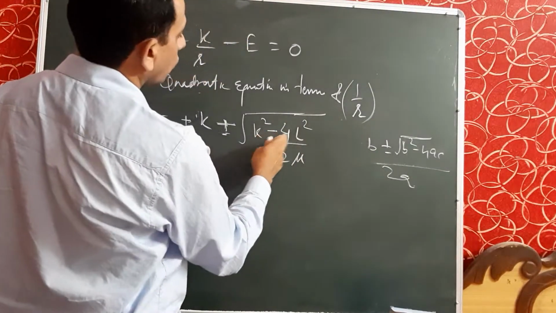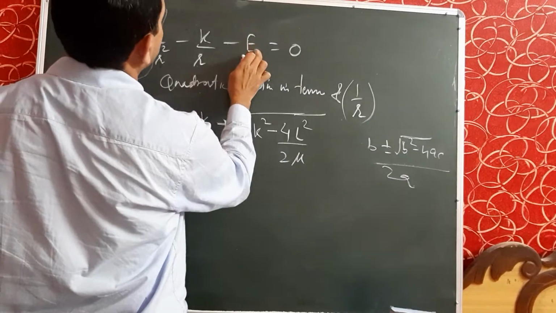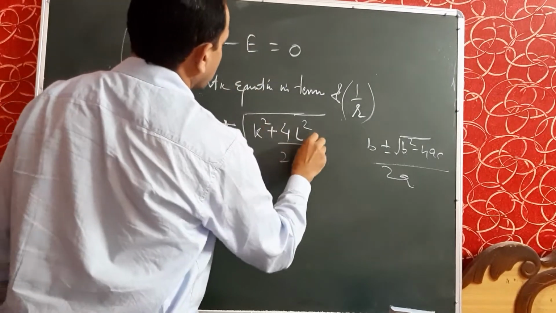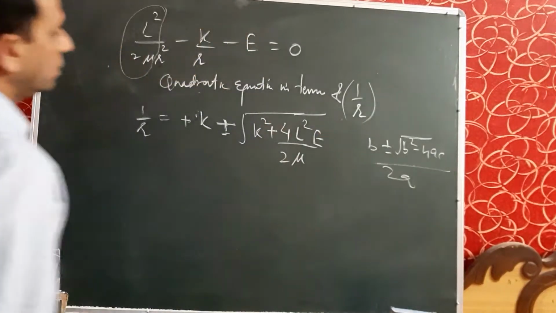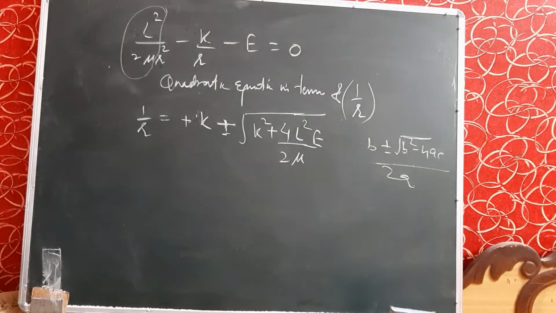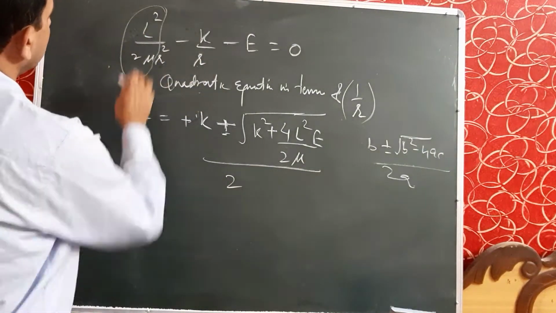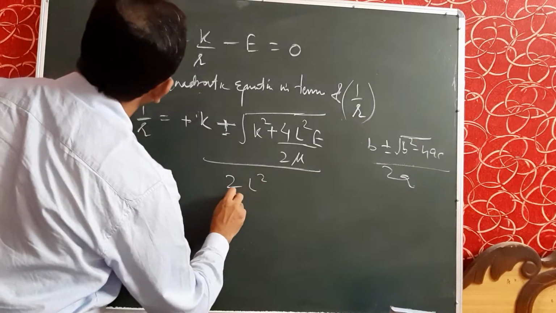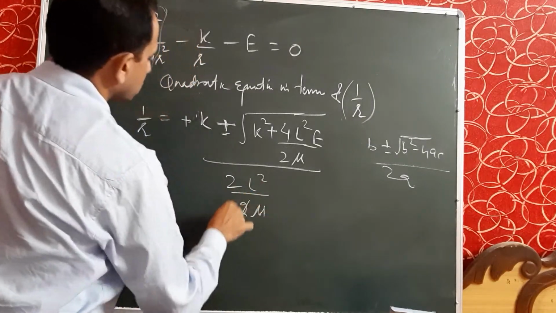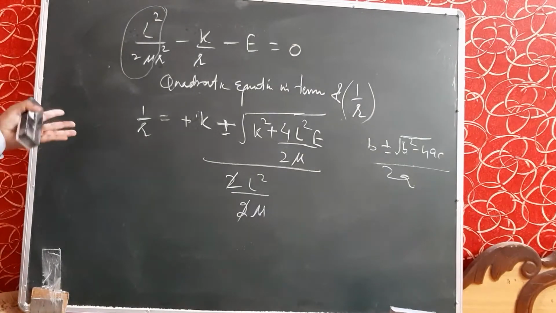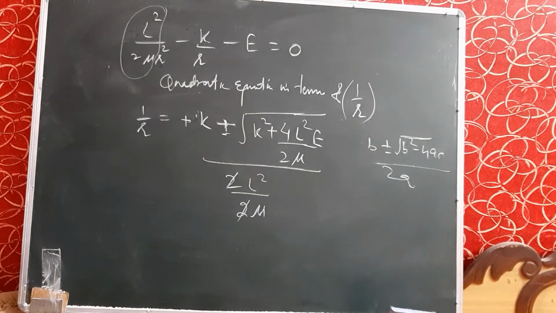So, minus 4a into c, and c means minus E, so it will become plus E, minus into minus, over 2a. What is a? Again L square over 2 mu. The 2s cancel, so this is the solution for the quadratic equation.